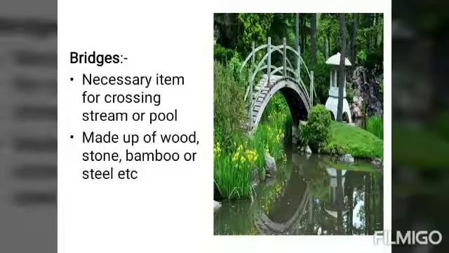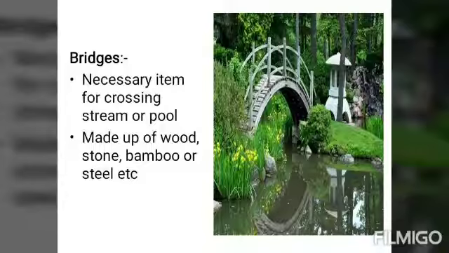The shape, size and material of the bridges depend upon the type of water barrier, like from which direction the water is coming, and how the side of the water is. So you have to see all those things.